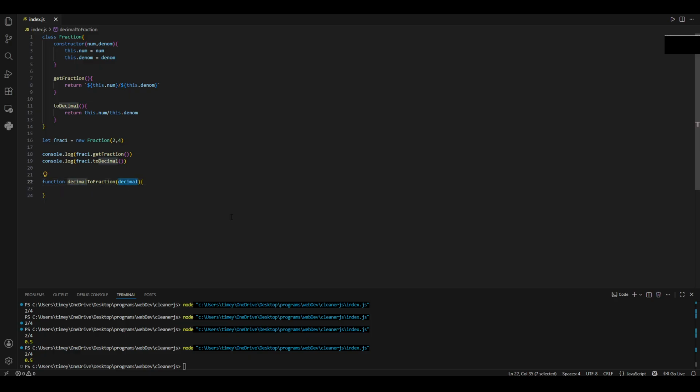First we define how many significant digits or figures the decimal is, so we can take the log base 10, which will return the significant figures of the decimal, and then we just do Math.floor, so it makes it a whole number.